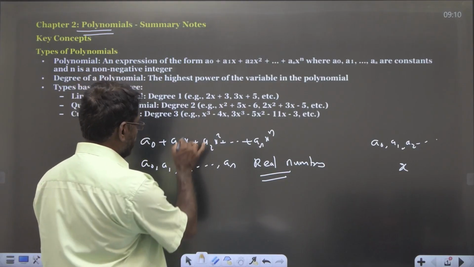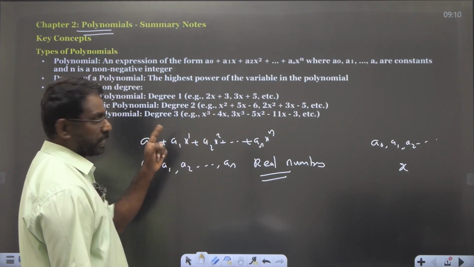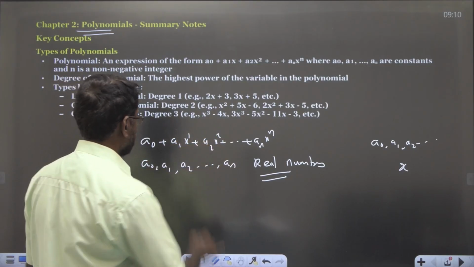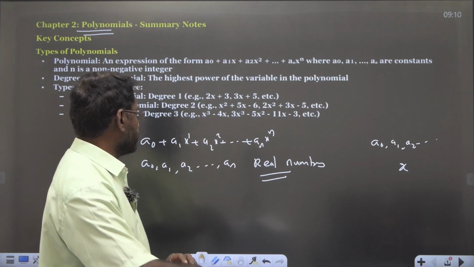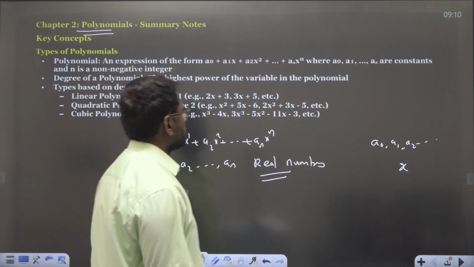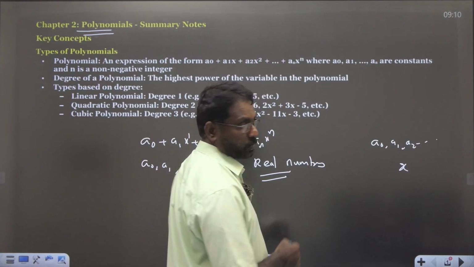But the power of x, here actually it is x raised to 0, but x raised to 0 is 1. X raised to 1, x square, etc., x raised to n. The index of the variable is always an integer. It can be 0 also.